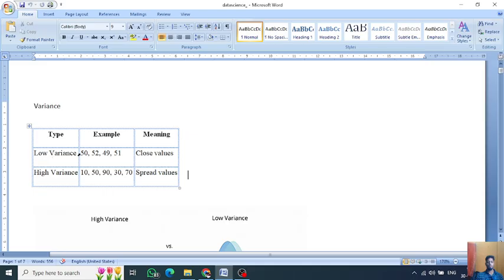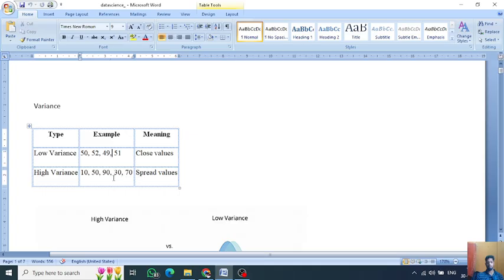See, there is an example data set: 50, 52, 49, 51. All the numbers are very close to each other, right? The difference is only 2 or 3. This is called low variance. And below you can see 10, 50, 90. The distance is very high, right? This is high variance, very spread.